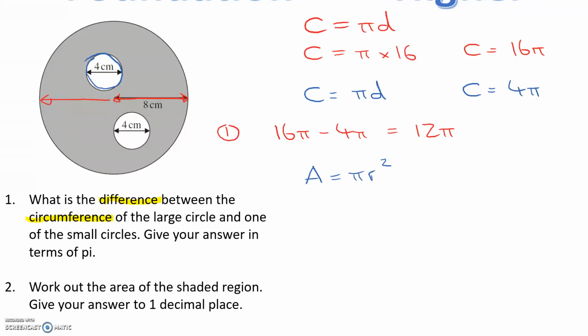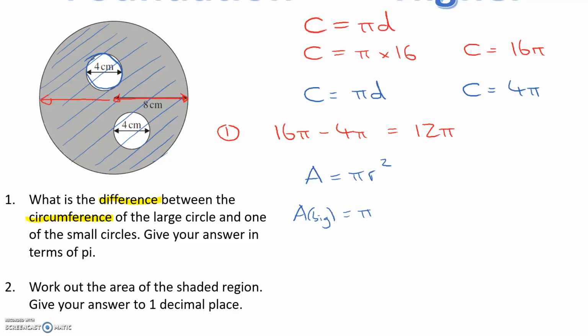So the shaded region is that grey part. I think we need to work out the area of the large circle, including everything, that whole circle. When we know that, then we can subtract the area of those two small circles. So let's do the area of the big one first. The area of our big circle equals pi times the radius squared.